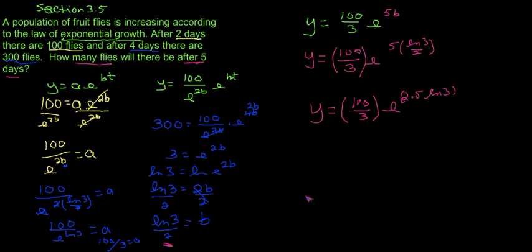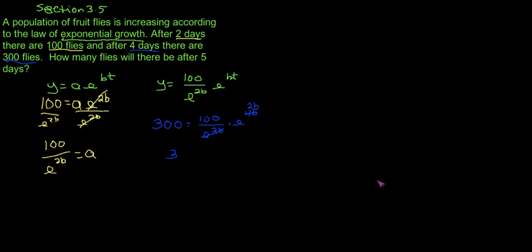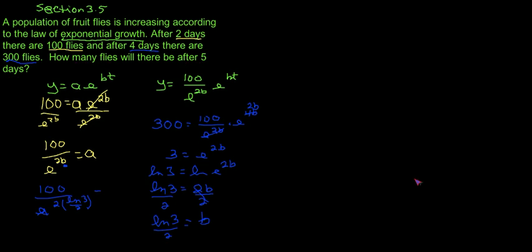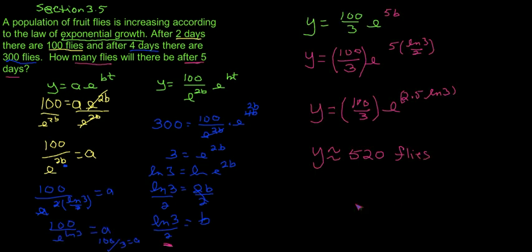Alright, so we've got that. Hit the calculator up, and this should give us, if I did all my math right, and again obviously we're rounding at the very end here, approximately 520 flies after 5 days.